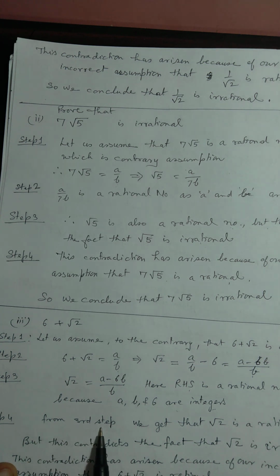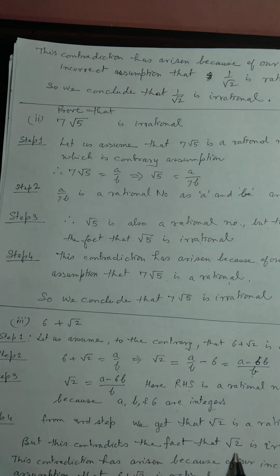From the third step, we get that root 2 is rational. But this contradicts the fact that root 2 is irrational. It is already established that root 2 is irrational. This contradiction has arisen because of our incorrect assumption that 6 plus root 2 is rational. It was the incorrect assumption. So we conclude that 6 plus root 2 is irrational.